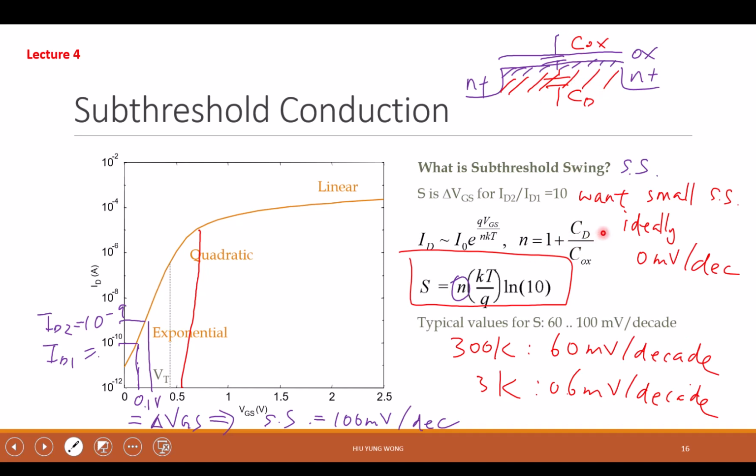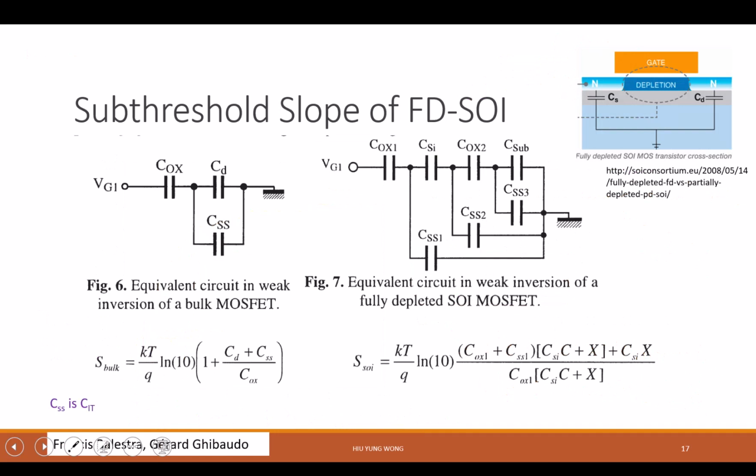If your CD depletion region is very thick, then you have a very good subthreshold swing. If you have a large capacitance, that is not good. Remember this? Now, if you go to fully depleted SOI, let's look at this. A lot of capacitors, right?